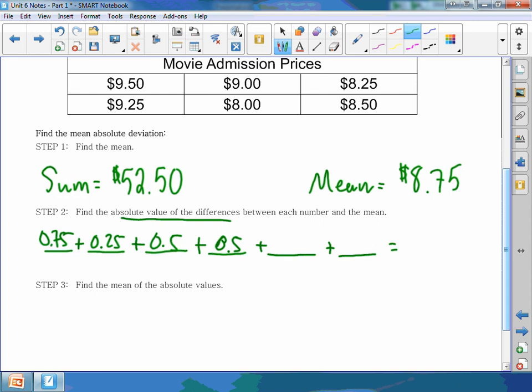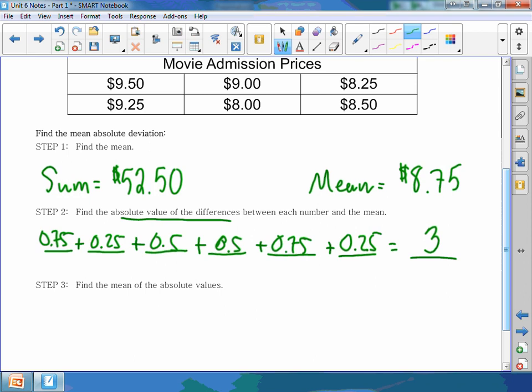Okay. So all decimals here. And what'd you get for the sum on that, Issa? What was it? 3? So the absolute difference between all of these values and the mean is $3, if you wanted to say it like that. Okay? But that's not your mean absolute deviation yet.